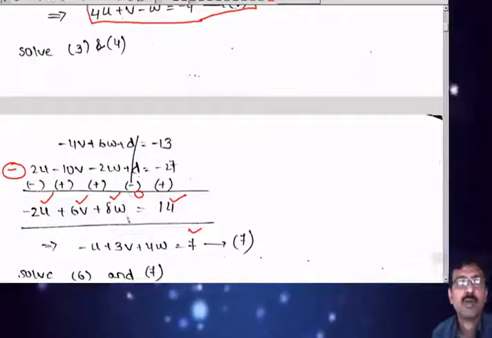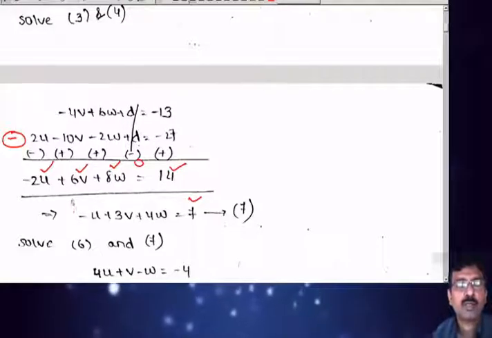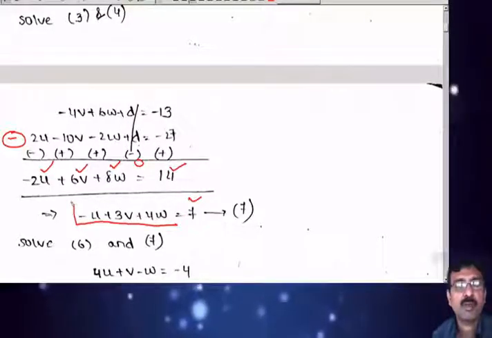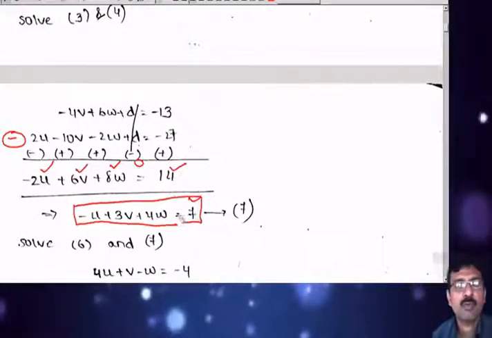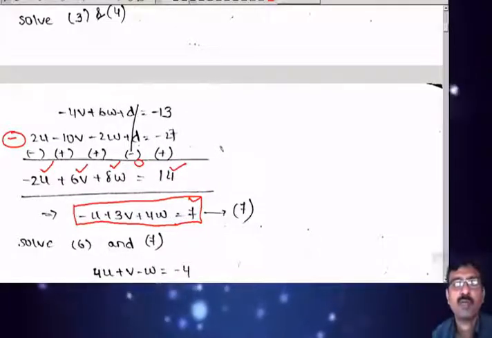So taking 2 common on both sides and cancelling 2, we get the final equation minus u plus 3v plus 4w equal to 7.